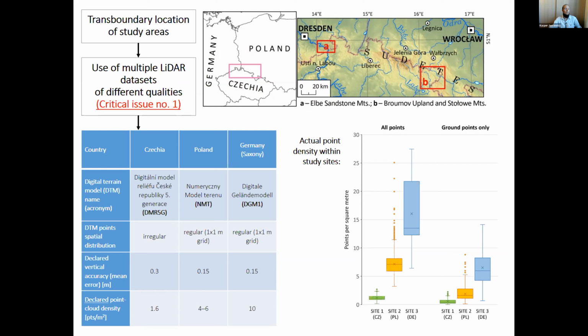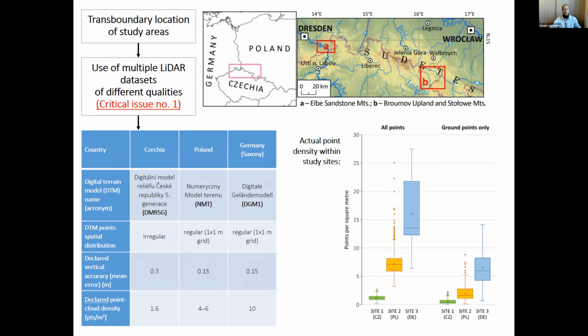And this means that we have to work with 3 different LiDAR datasets, DTM products ready to use, or corresponding point cloud data, and they are of different quality. You can notice differences in density of the original point cloud, which is quite low in case of Czech data and quite high for the German dataset.